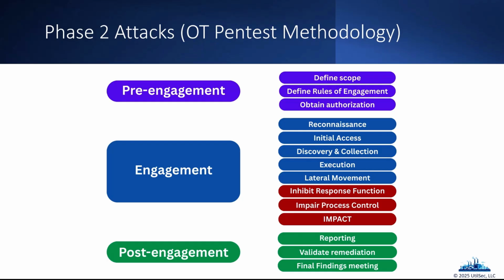That's really where we start phase 2 attacks. Again, that's what we're going to be focusing on in this course. When you look at the engagement phase now in phase 2, we talk about going from reconnaissance to having an impact in the environment. Those phases, reconnaissance through impact, come from MITRE ATT&CK for ICS.